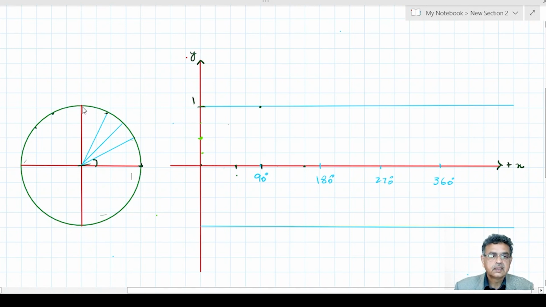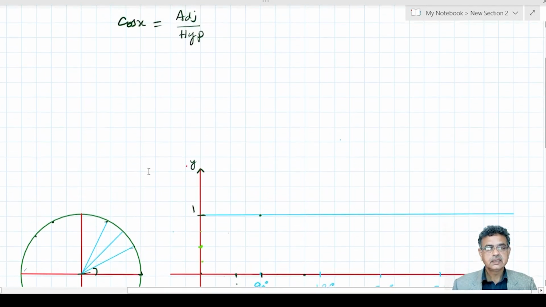So the circle is divided into 4 quadrants. Each quadrant, divided with these red lines, is 90 degrees. Then I have further divided this quadrant into these angles. These lines are not drawn accurately, but approximately this angle is 30 degrees. Then the next line represents 45, and then 60 degrees.